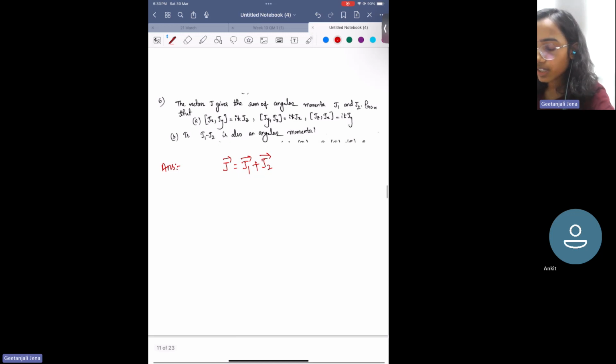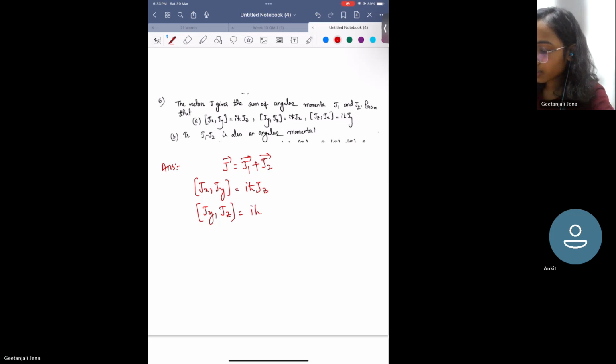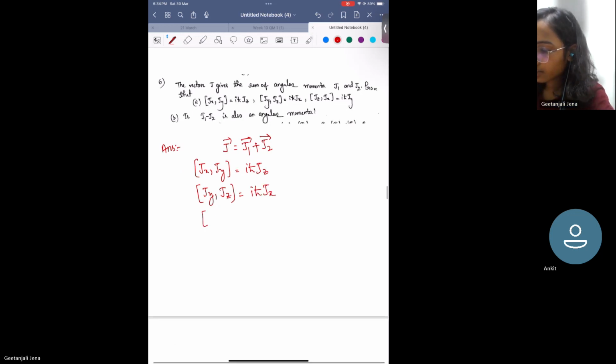Like, for a one-particle system, you have Jx, Jy equal to iħ Jz, Jy, Jz will be iħ Jx, and Jz, Jx is iħ Jy.